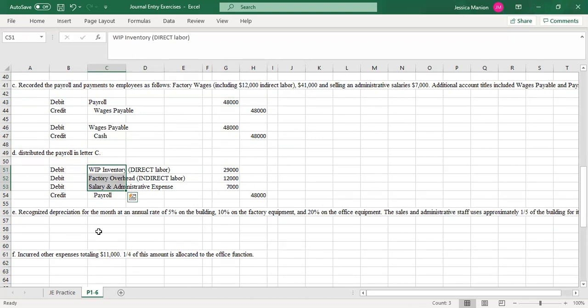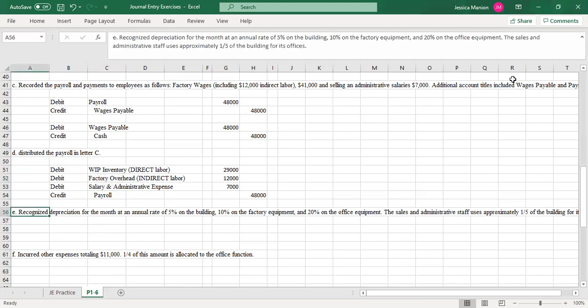Okay. Letter E, recognized depreciation for the month at an annual rate of 5% on the building, 10% on the factory equipment, and 20% on the office equipment. The sales and administrative staff uses approximately 1/5 of the building for its offices.